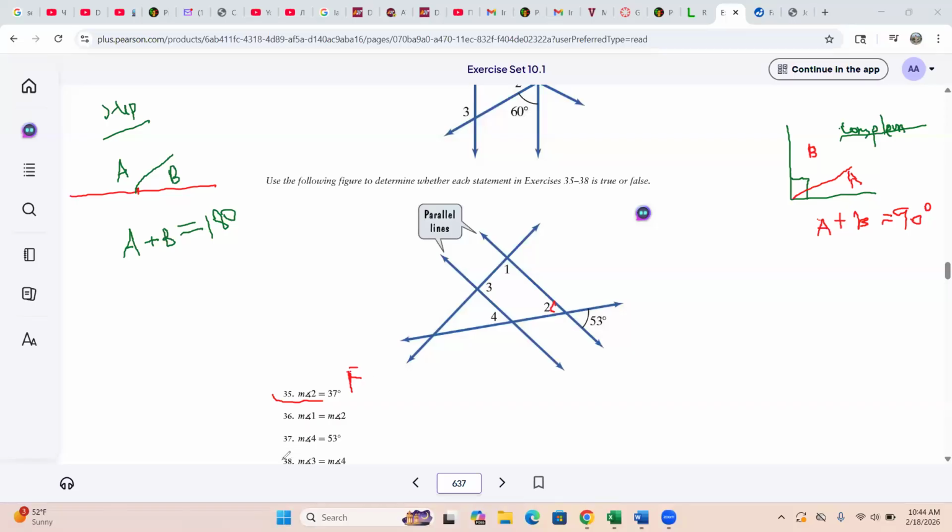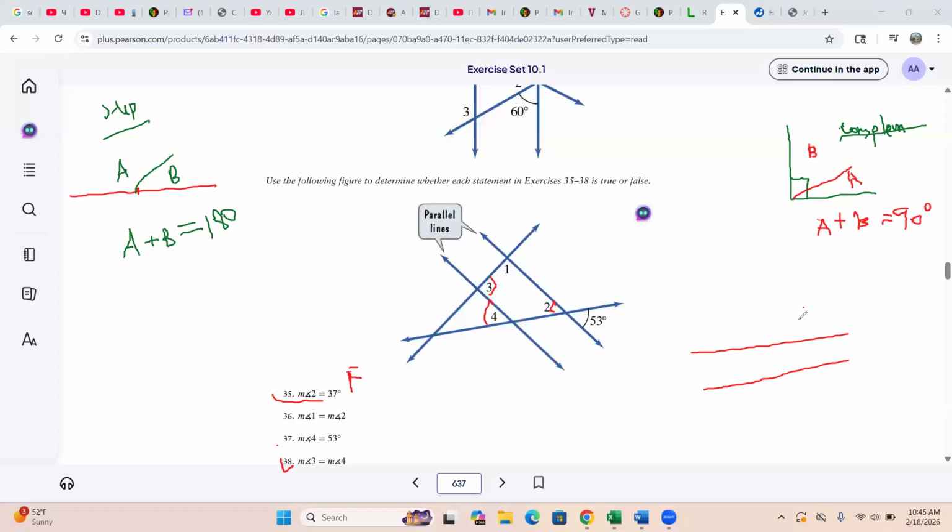So I can try number 38 and see what else is here. So 38 is dealing with angles 3 and 4. What do you think about those angles? Are they going to be the same? Are they transversal angles? Remember, we have transversal angles that are equal when we have two parallel lines, right?